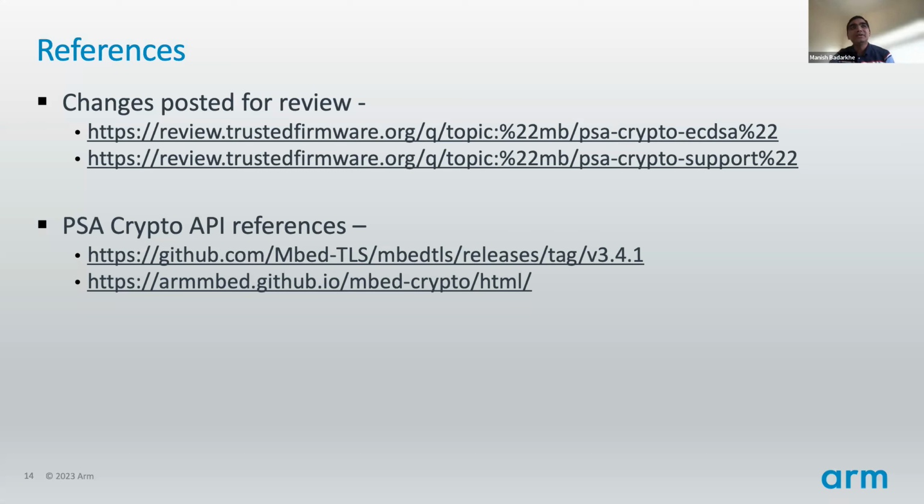We need to do some calculation for ECDSA before passing the data to the PSA Crypto API, but hopefully that will get sorted out. I'm also putting some PSA Crypto API references here. We are currently using version 3.4.1 of Mbed TLS crypto, and this is where you can see all the Mbed TLS crypto documentation.